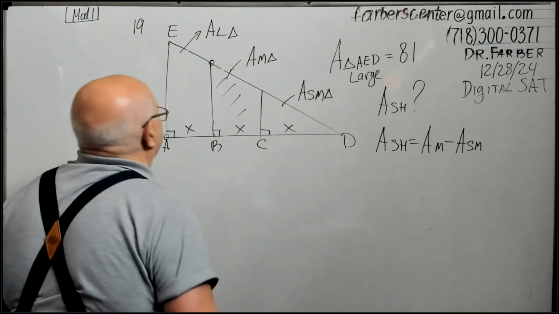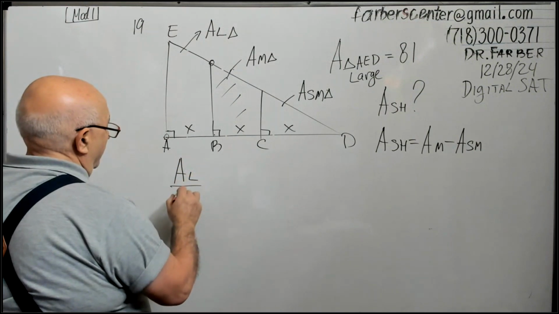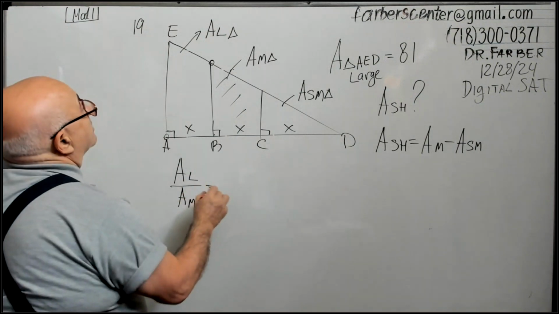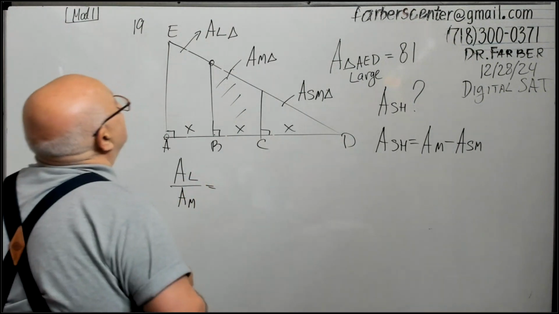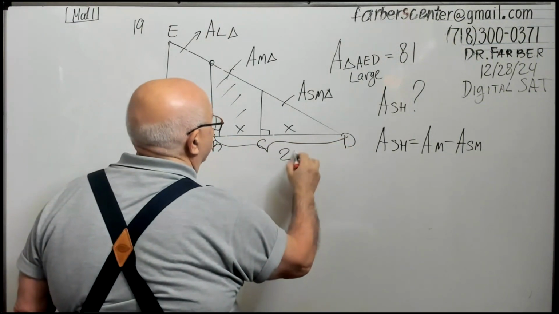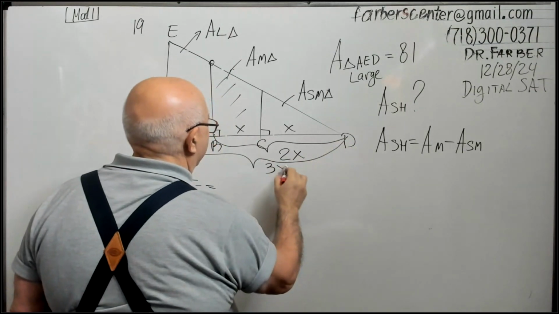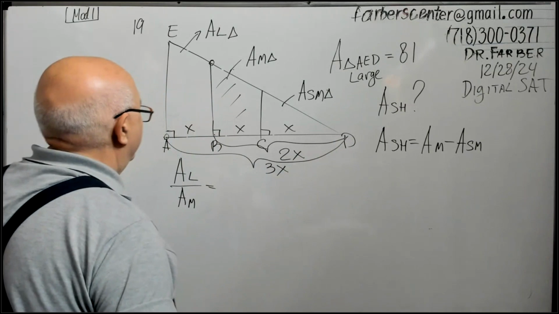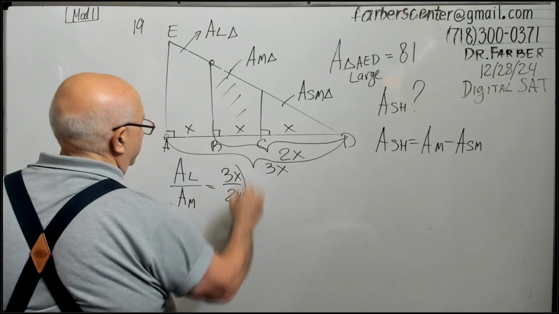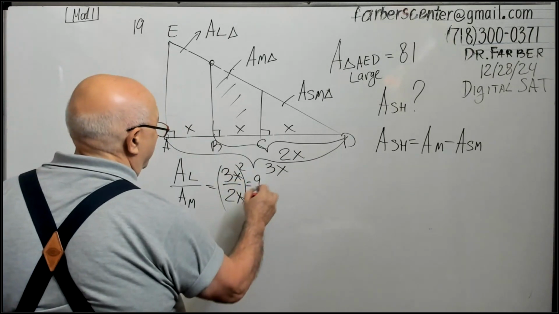For instance, you can write area large to area medium equals... So this is x, this is 2x, and this is 3x. It's 3x to 2x to the second power, or 9/4.